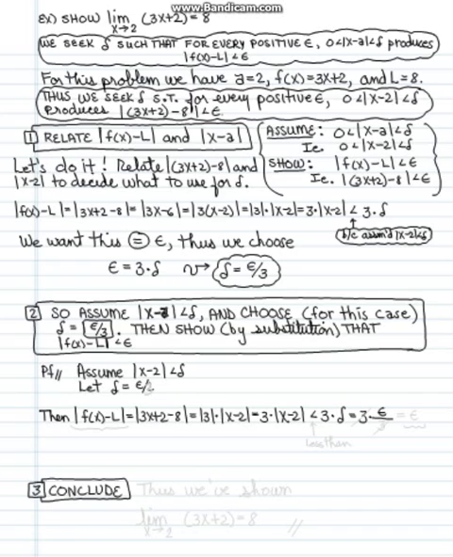Now replace delta, that's equal to 3 times epsilon over 3, and the 3's cancel, and we get epsilon. So here we've shown the absolute value is actually less than epsilon because there was an epsilon sign in that entire line. Conclusion, thus we've shown that the limit as x approaches 2 of 3x plus 2 is equal to 8.